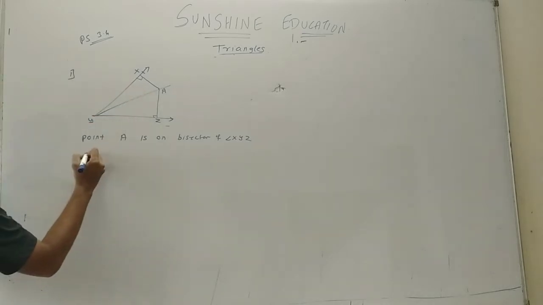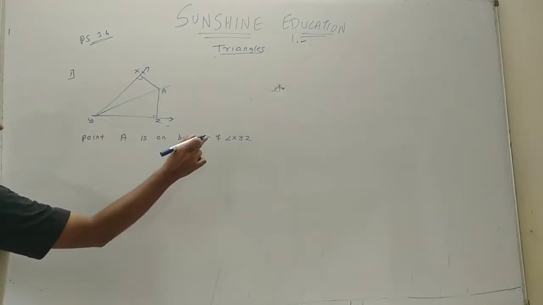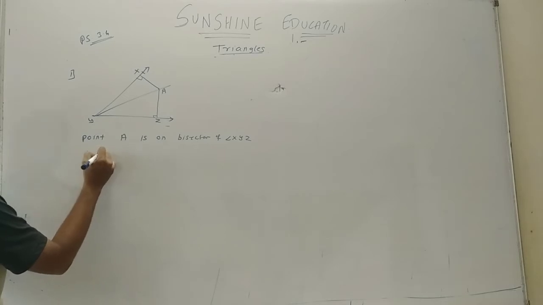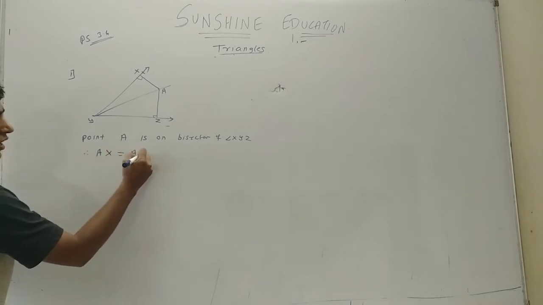So we can say that point A is on the bisector of angle xyz. Therefore, we can say that AX is equal to AZ.